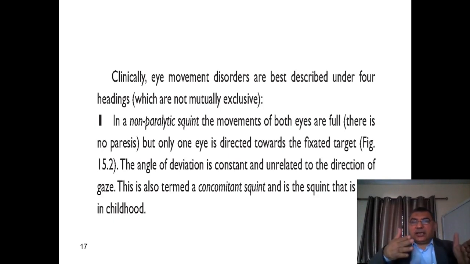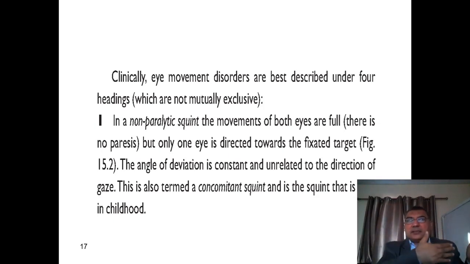And the angle of deviation, 15 degrees, is equal in all directions of gaze. So if he looks to the right and you measure the angle, it is 15 degrees. In the left gaze, it is 15 degrees. Up, it is 15 degrees. Down, it is 15 degrees, according to this example.